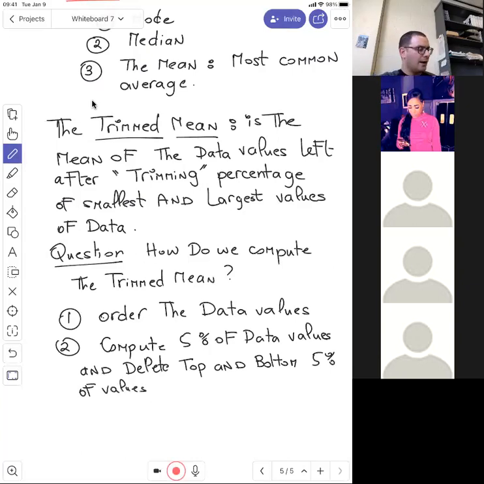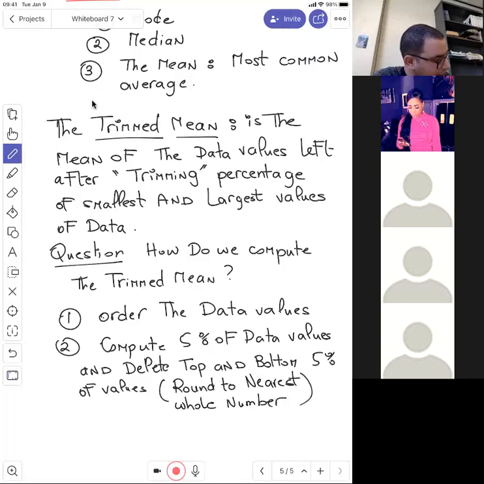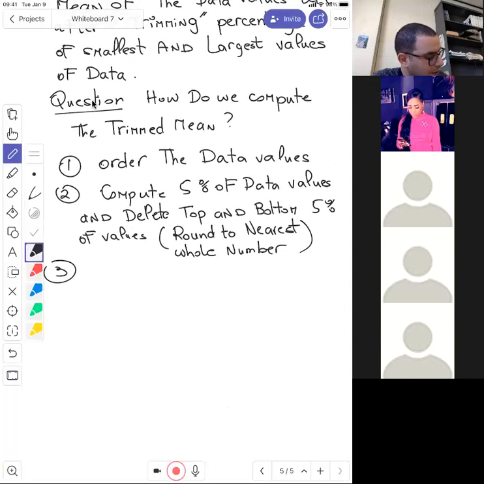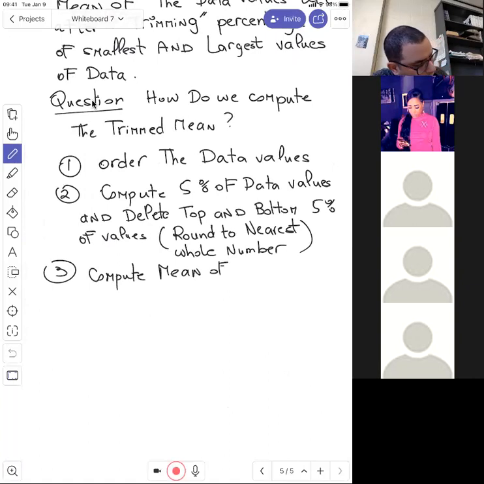The 5% you need to round to the nearest whole number. And then the last step, step 3, just compute the mean of the remaining data.